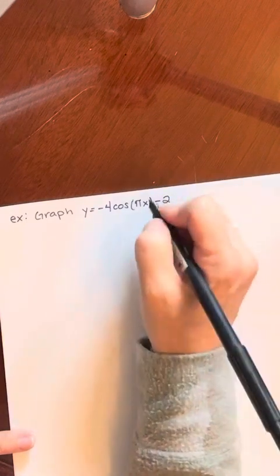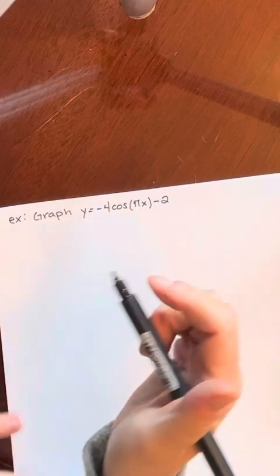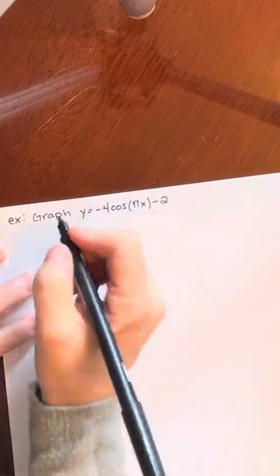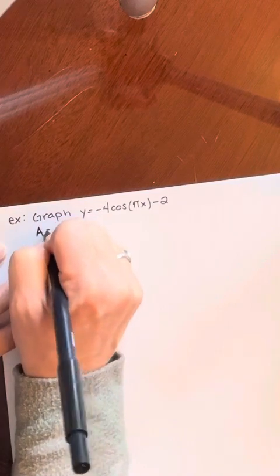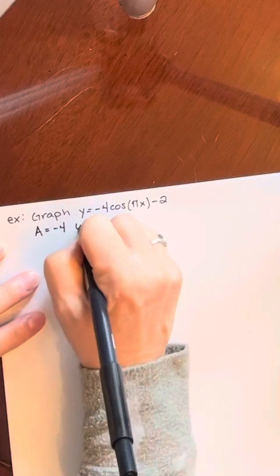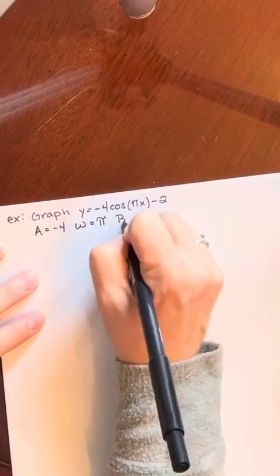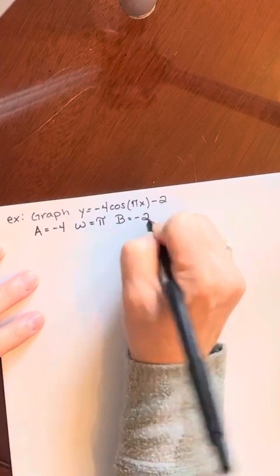Don't freak out. I know there's an x and not a theta. If you prefer theta, use theta. A variable is a variable. And let's look at all of our values. So the A value is -4. The omega value is pi. And the b value is -2.